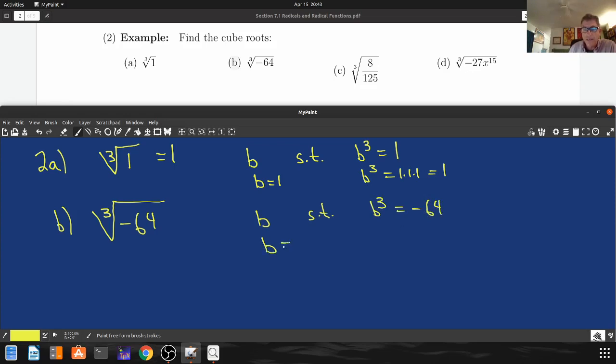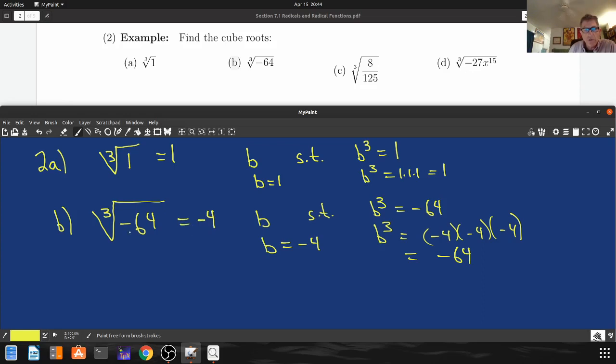If we let b equal to minus 4, then b cubed is equal to minus 4 times minus 4 times minus 4. And literally, we just figured out that that was equal to minus 64. So the cube root of minus 64 is equal to minus 4.